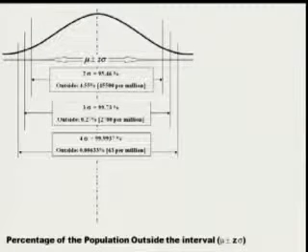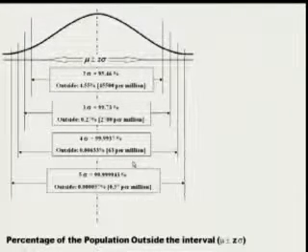Now, if you go to 4 sigma, things are getting better, because at plus or minus 4 sigma, the area under the curve is 99.9937%. But even at that, with the much smaller percent of 0.00633, we still have 63 defects per million. If we can achieve that, that would be fantastic. And so on.